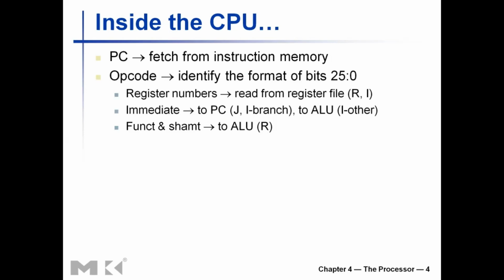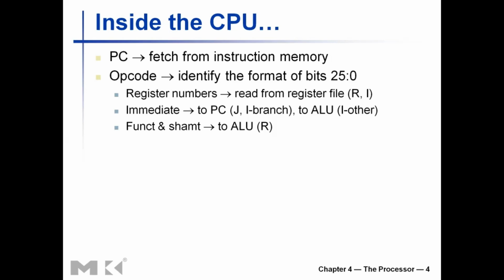The first 6 bits, the most significant 6 bits, will tell the CPU what it is supposed to do with this instruction. For example, if the opcode is 0, the most significant 6 bits are 0, then it is an R-type instruction.